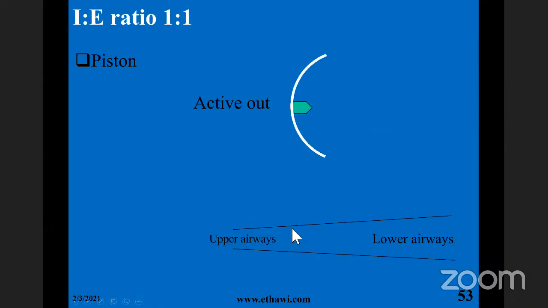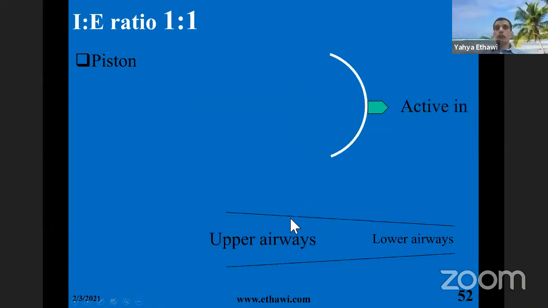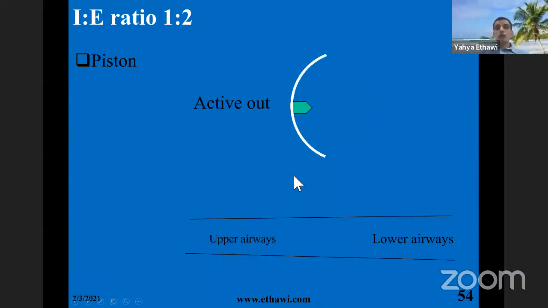But it will cause the same change in the upper and lower airway. When you change the ratio from 1:1, now you're giving more time for the expiratory active out, and therefore you will cause less collapse of the upper airway, and therefore you will reduce the trapping.